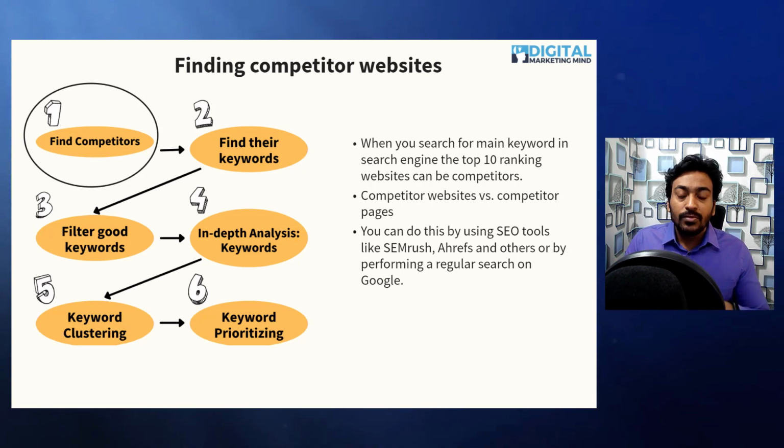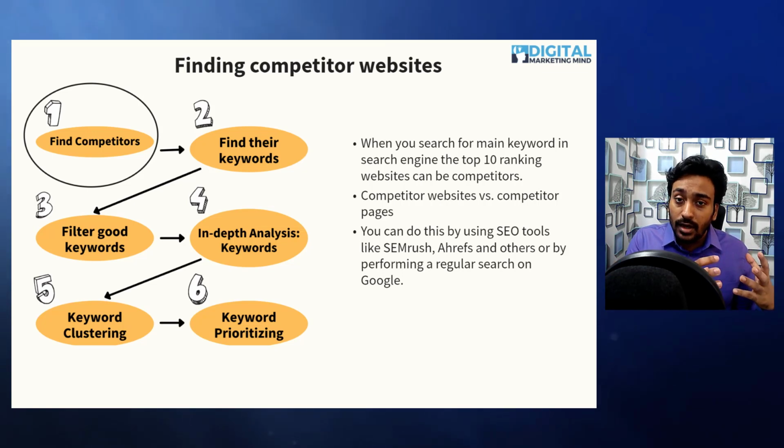For example, there can be a whole website which could be a direct competitor to you, but sometimes you will find that the main website is not really your competitor. It's not even in your industry, or it's focusing on some different section of your industry, but only that particular web page is competing within my niche or within my keywords. So two distinct possibilities are there.